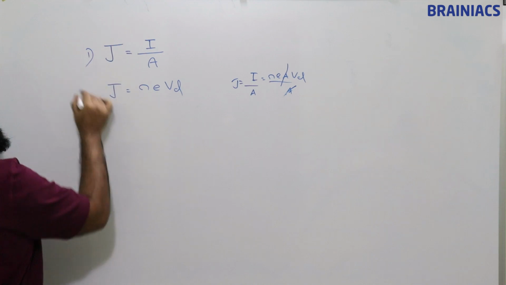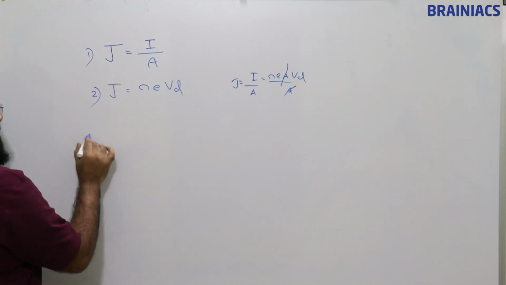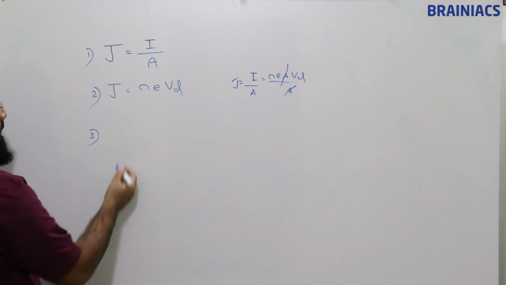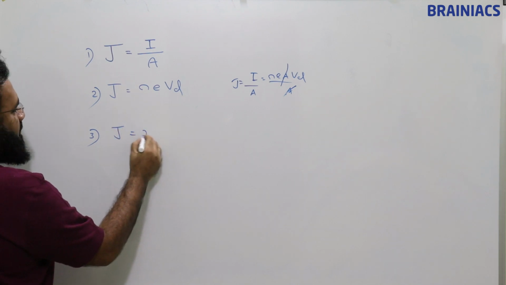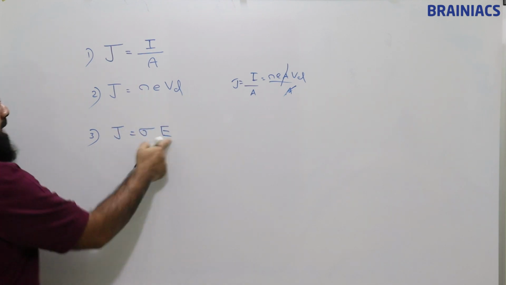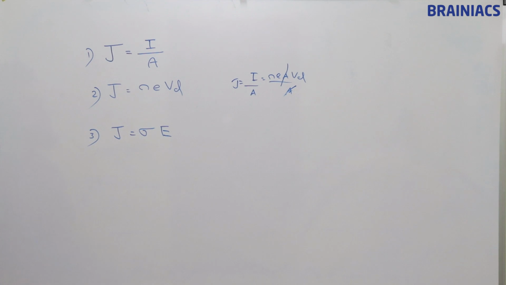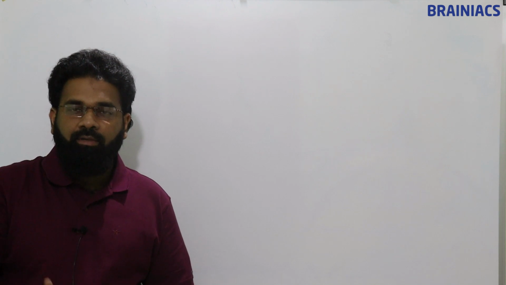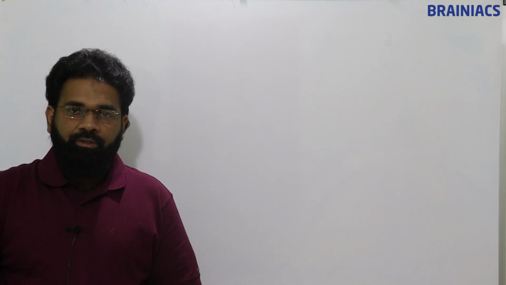So this is also one equation. Then finally what we have studied, J is equal to sigma E, conductivity into electric field. Three important relations regarding current density. Any problem can be asked based on all these relations.